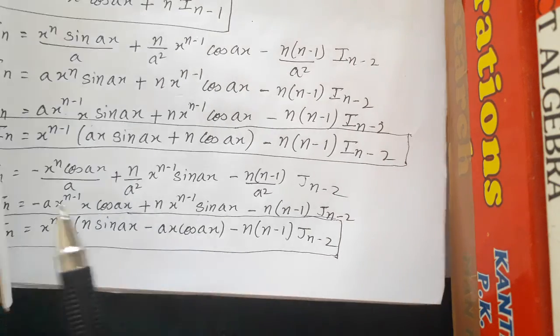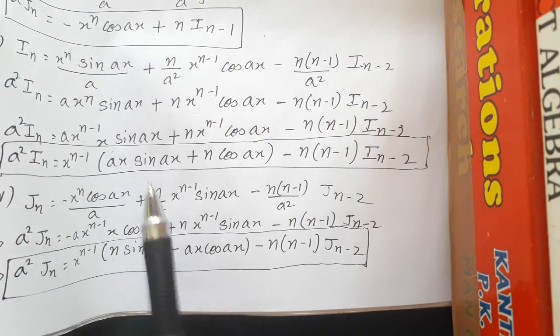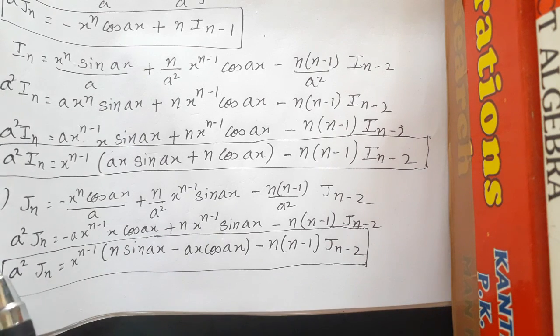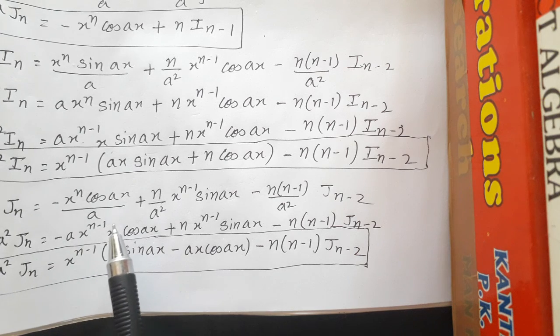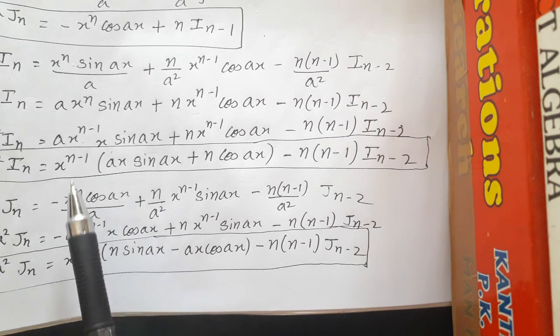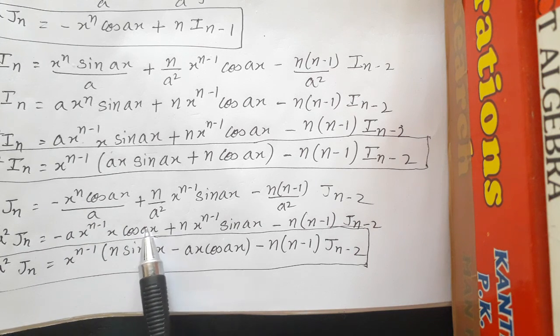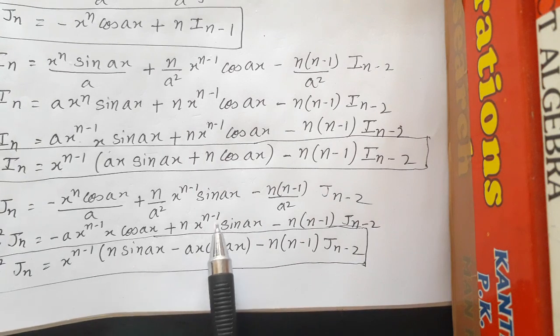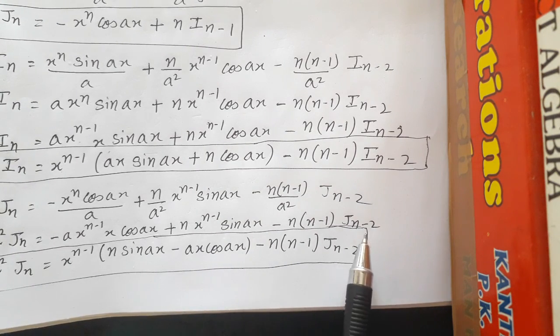Now you multiply here. If you can see here, I'm multiplying both sides with a squared. Okay, so we get a^2 J_n equal to minus a x^(n-1). Here I'm separating this x^n, I'm writing it as x^(n-1) into x cos ax plus n x^(n-1) sine ax minus n(n-1) J_(n-2).